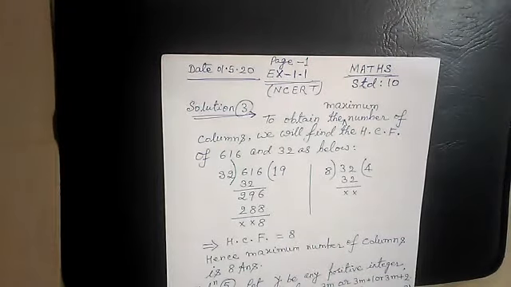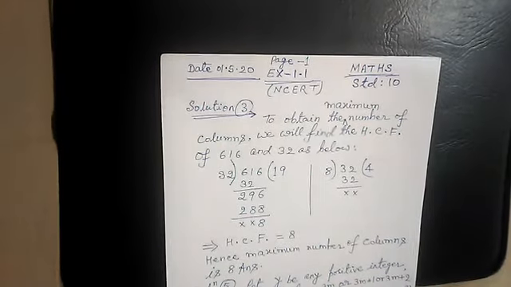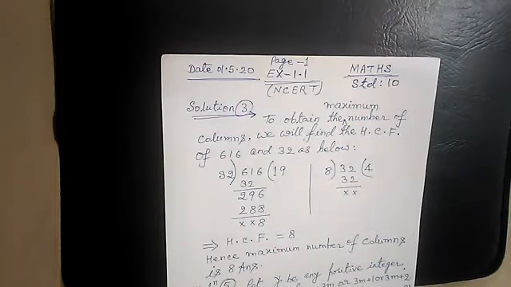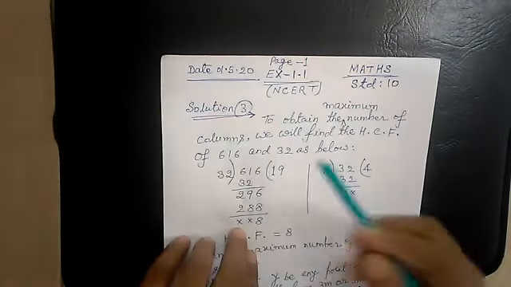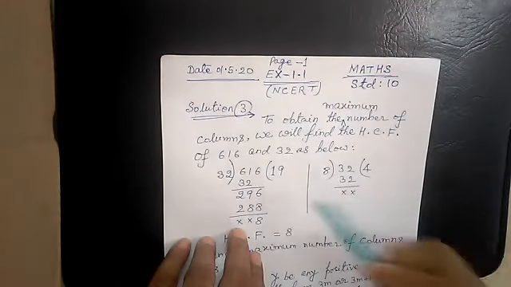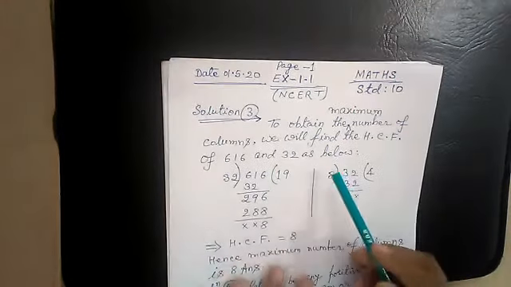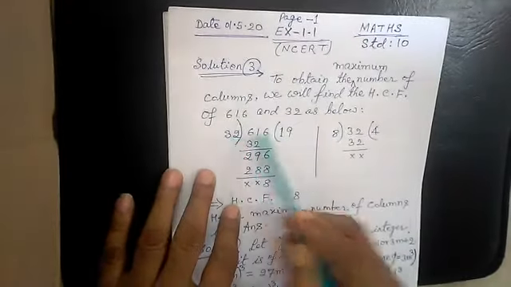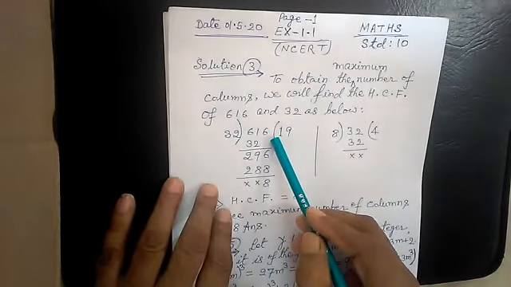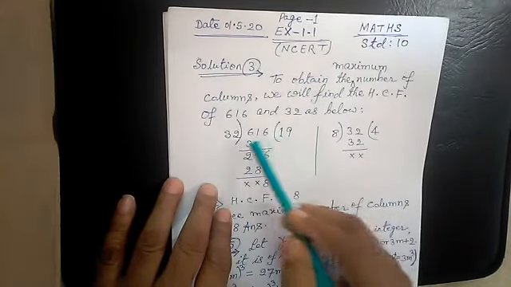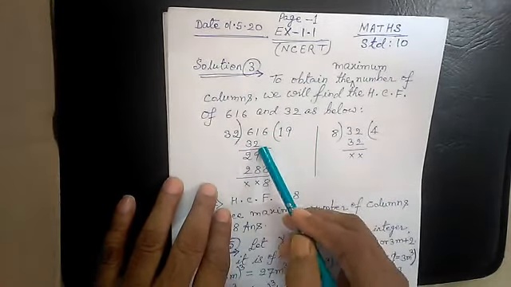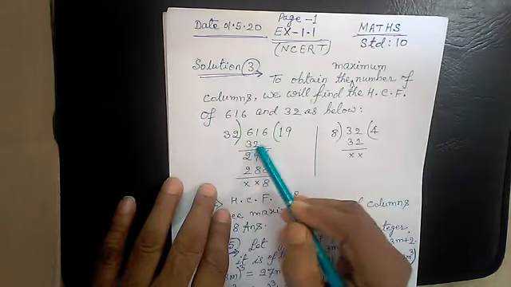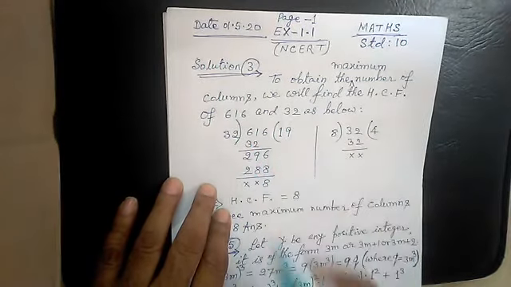By the division method, we start dividing 616 by 32. I have already sent you the photo of this page. 32 divides 616: 32 times 1 is 32, and subtracting 32 from 61, you get 29.